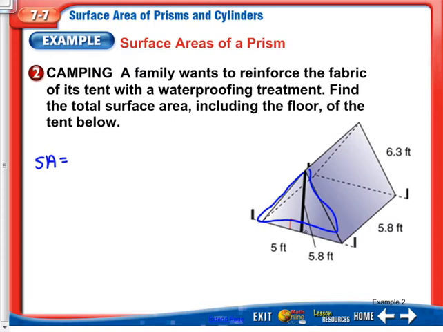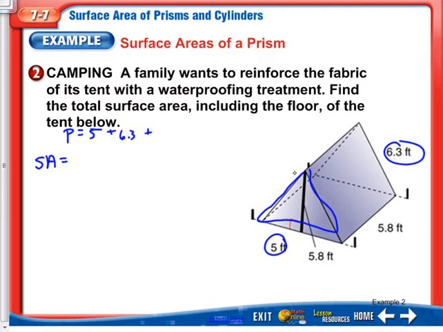Well, it looks like this is a 5. And it looks like this distance right here is a 6.3. So to find the perimeter here, it might be easy to write it down. Perimeter equals, well, I have a 5 plus 6.3.